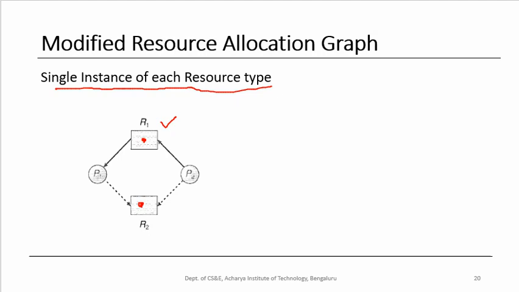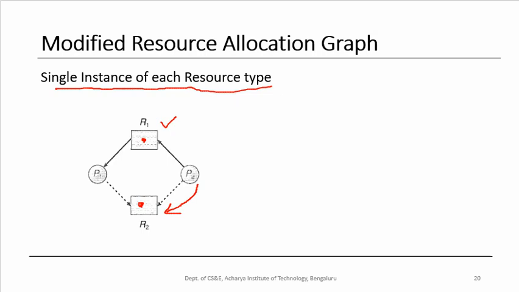Now we will have to see whether this resource allocation graph could be used for deadlock avoidance. Now let's see P2. It has a claim edge for R2, so we knew that P2 is going to make a request for R2 in the future.